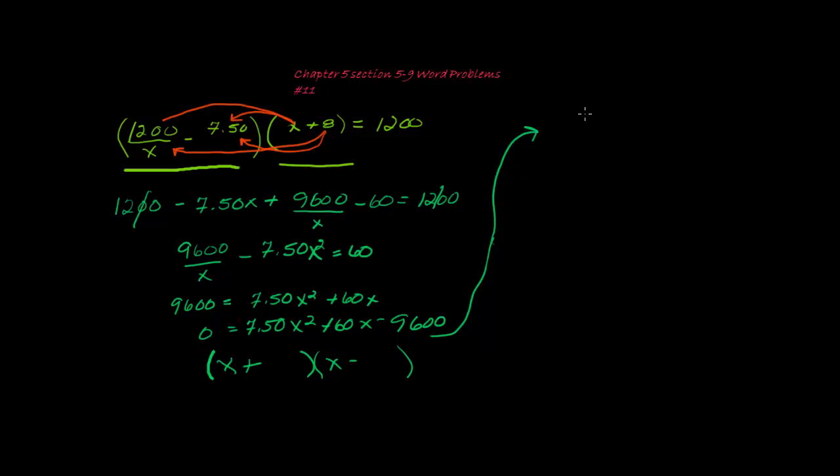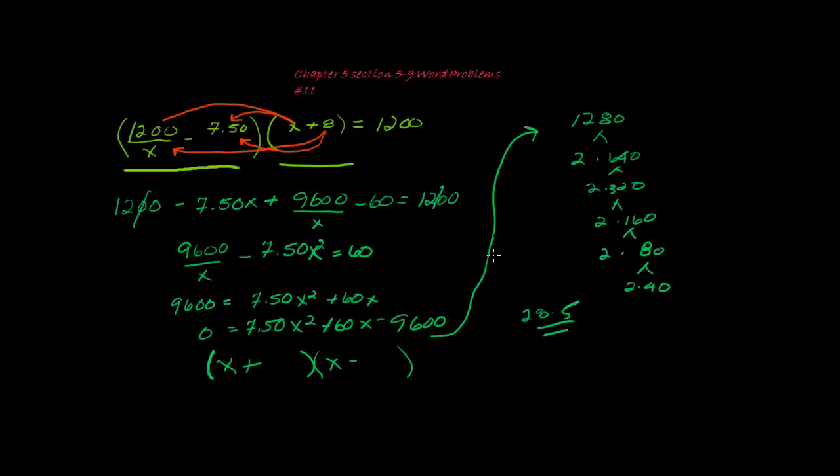Okay, so we need to do a factor tree over here, and I'm going to go through this quickly because you should know how to do this. This is 1280. Factor by 2s: this is 2 times 640, that is 2 times 320, that is 2 times 160, that is 2 times 80, that is 2 times 40, and so forth. What I end up getting is 2 to the 8th times 5.